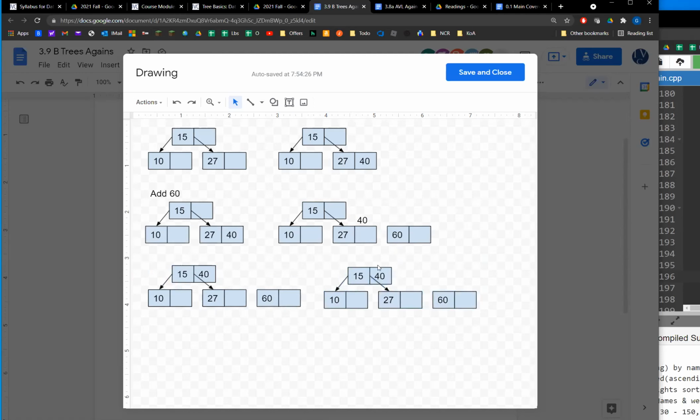Now that the root has 2 data points, we now have 3 children from that point. So go ahead and move things over a little bit. 2 data points indicates 3 children, whereas before we had 1 data point indicating 2 children for non-leaf nodes.